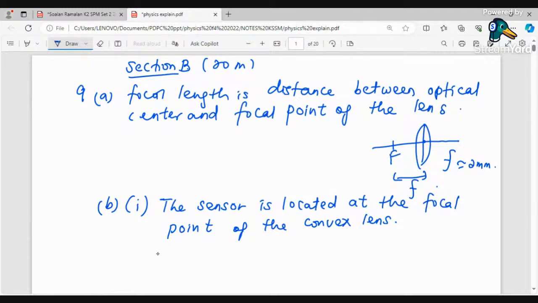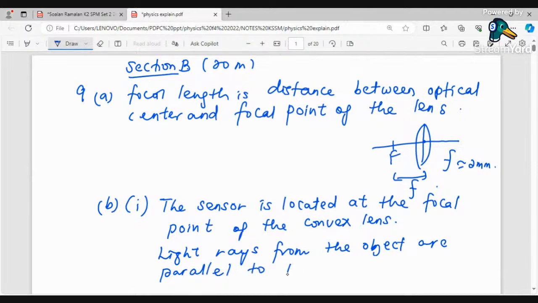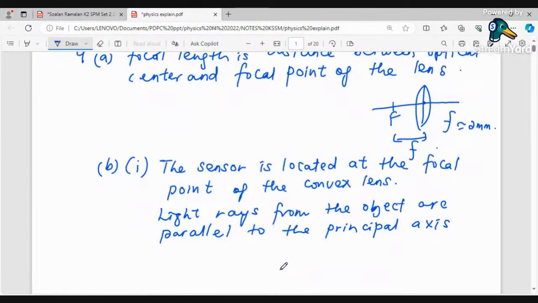Light rays from the object are parallel to the principal axis and will be converged to the focal point, or sensor.